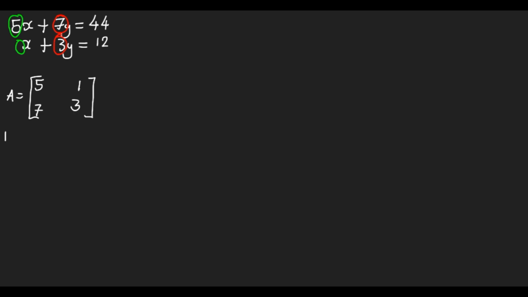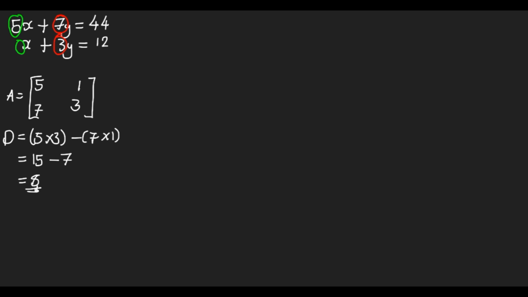Now let's find the determinant of this particular matrix. So it's 5 multiplied by 3 minus 7 times 1. 5 times 3 is 15, minus 7 times 1 is 7. 15 minus 7 is 8.